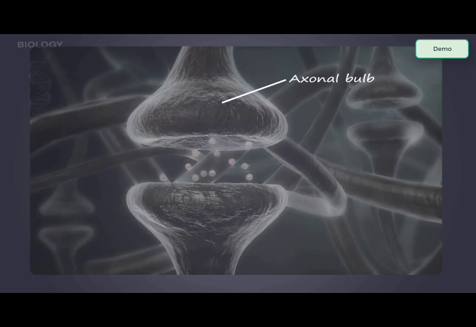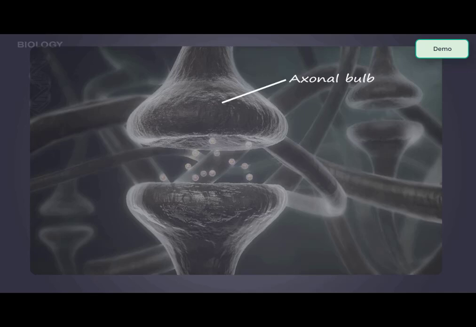The junction between the end of one axon and the end of a dendron. Between one axon ending and another dendron ending is the place that is called the synapse.